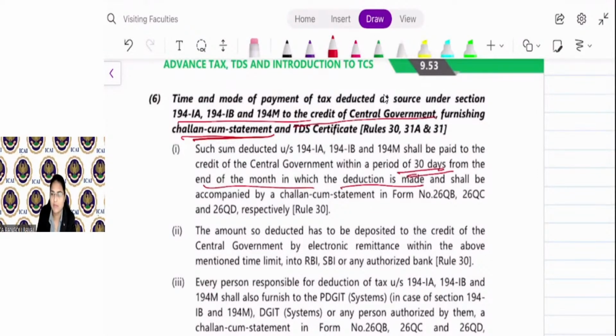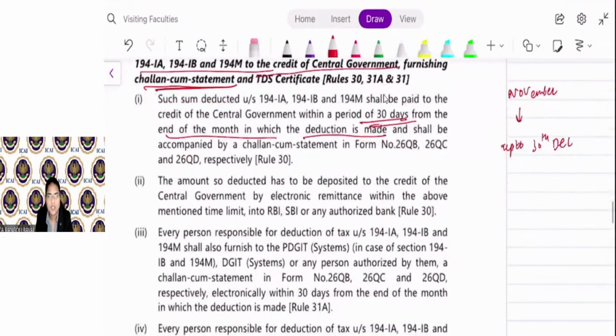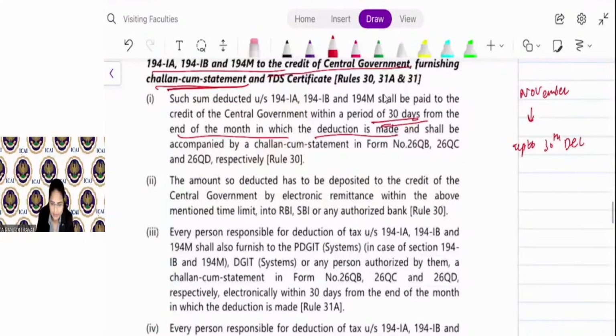For example, if you deducted TDS in the month of November, then you have to deposit it up to 30th December. It shall be accompanied by a Chalan cum statement in form 26QB for 194IA, 26QC for 194IB, and 26QD for 194M respectively.